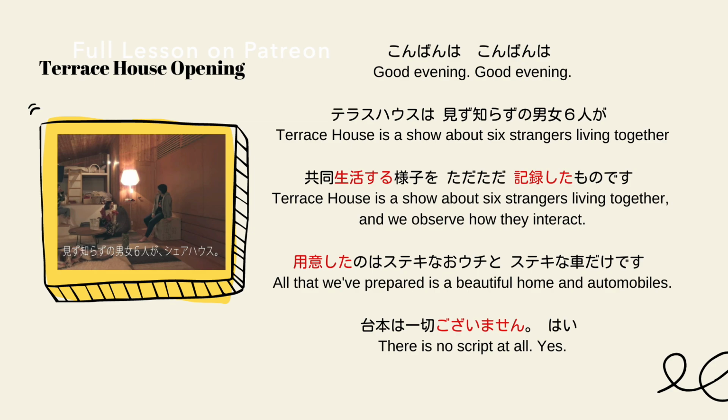Straight away you know 素敵 is a noun adjective. と is and, だけ is also only. 台本は一切ございません. 台本 is script, は is a particle, 一切 is like completely, ございません is honorific negative. So 台本は一切ございません means there's no script at all. It's really polite.